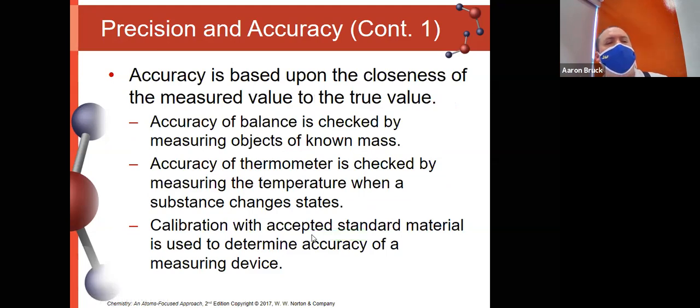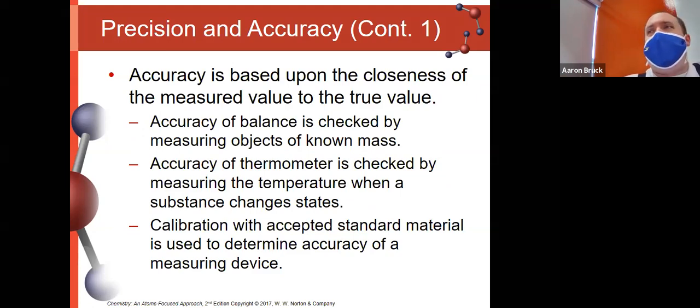Accuracy, on the other hand, we talk about closeness. How good is our measured value? Even if we have precision, precise measurements that aren't accurate still aren't very useful to us. So accuracy talks about how close a value is to the true value of a substance.